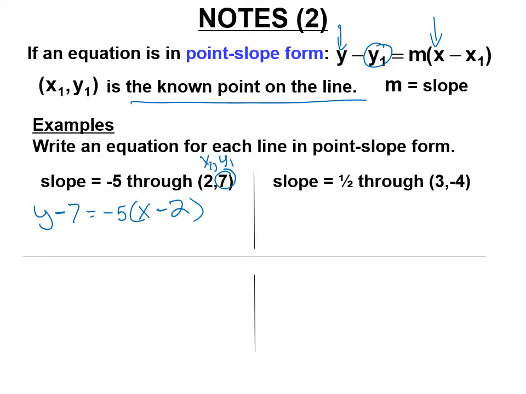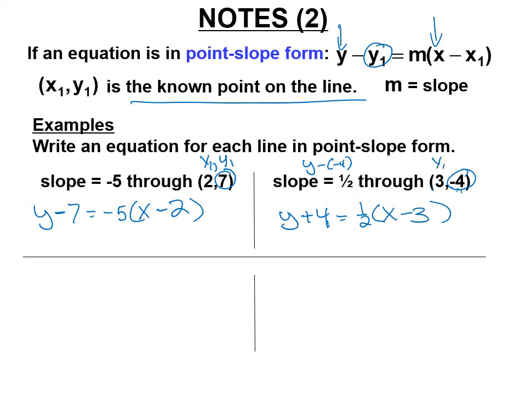All right, same thing here. All right, so we have y minus -4. Hopefully you can guess what we write instead of that. So when it's a negative there, we're going to write y plus 4, right? Because it's y minus -4. And then you have a slope of 1/2. You need those parentheses, and then you have x minus 3, right?